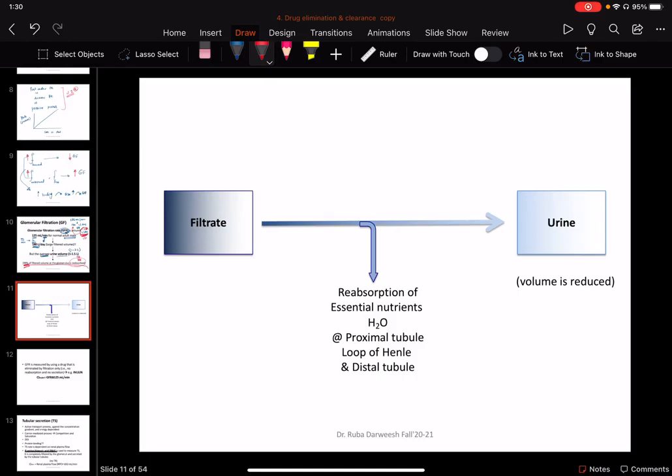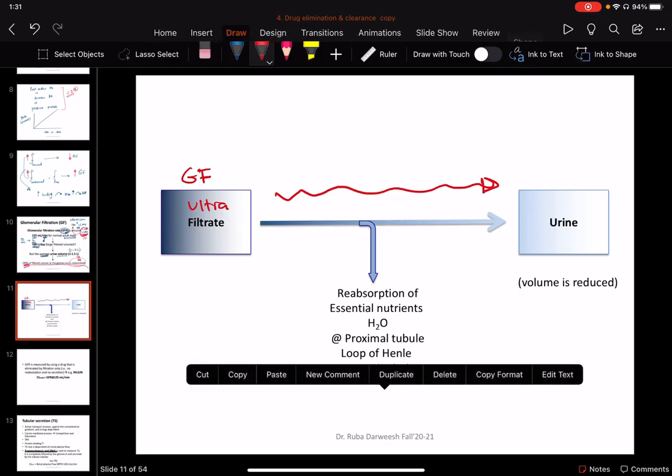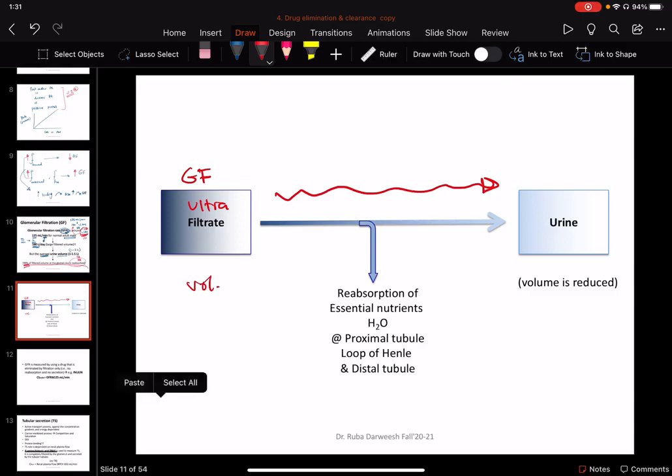This is a simplification of whatever is happening. The ultrafiltrate, the product of the glomerular filtration, goes through different tubules to produce the urine. Usually the volume here is large, but the concentration of the material accordingly will be low.